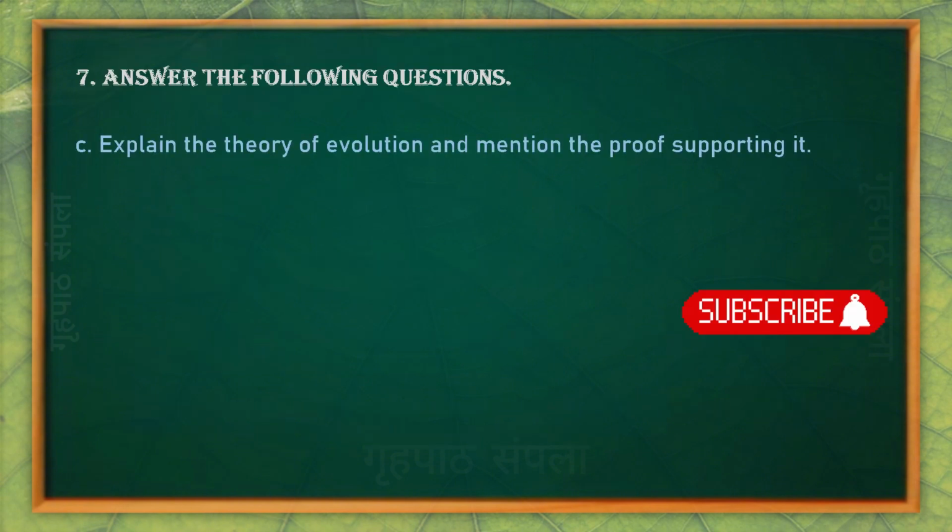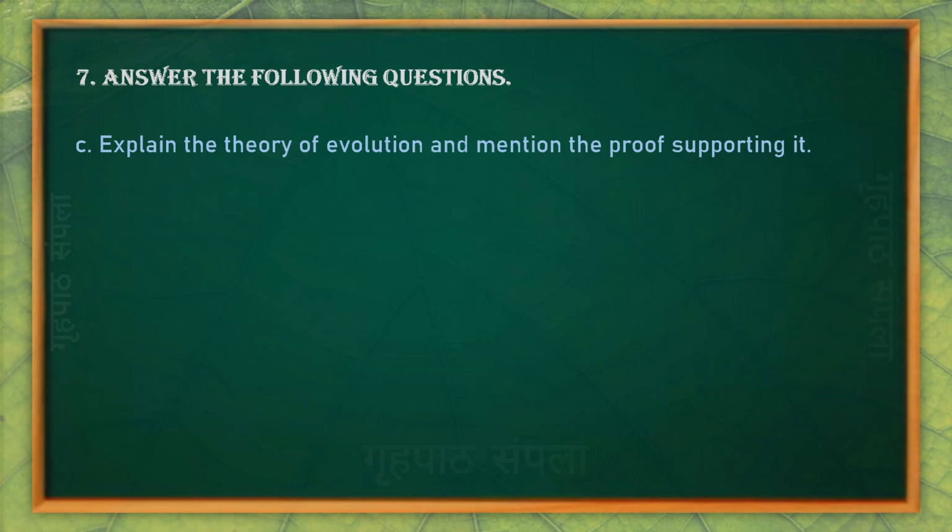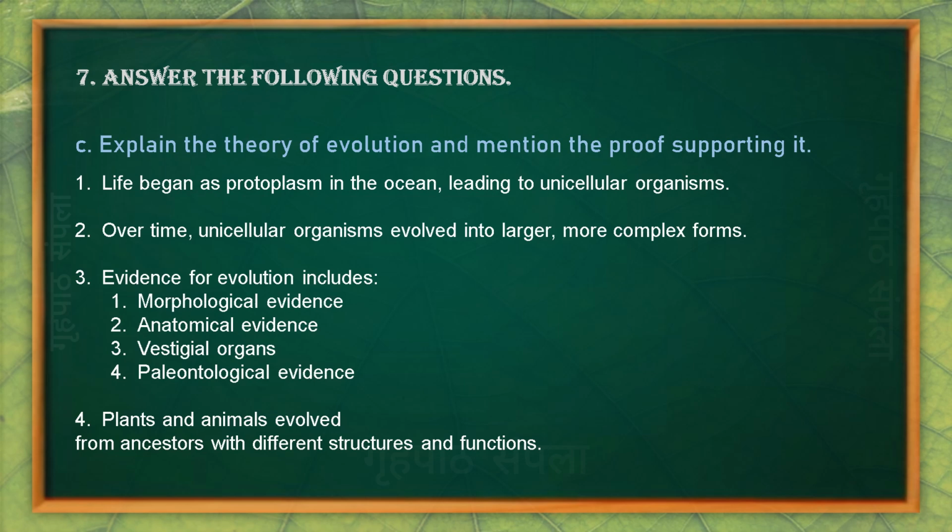C. Explain the theory of evolution and mention the proof supporting it. Answer. 1. Life began as protoplasm in the ocean, leading to unicellular organisms. 2. Over time, unicellular organisms evolved into larger, more complex forms. 3.